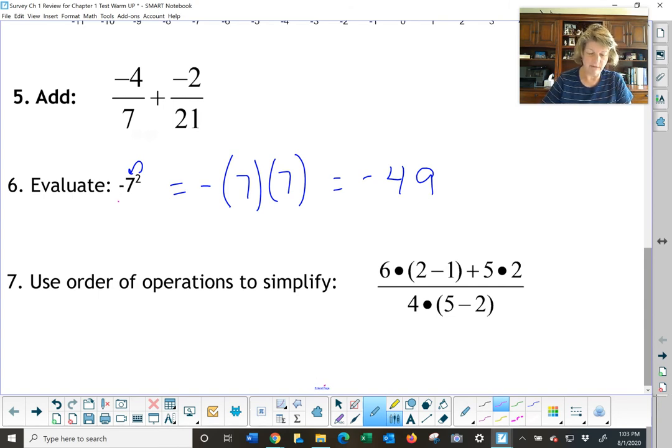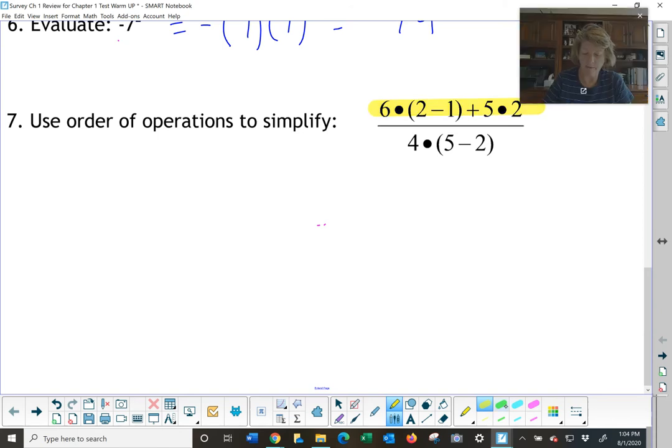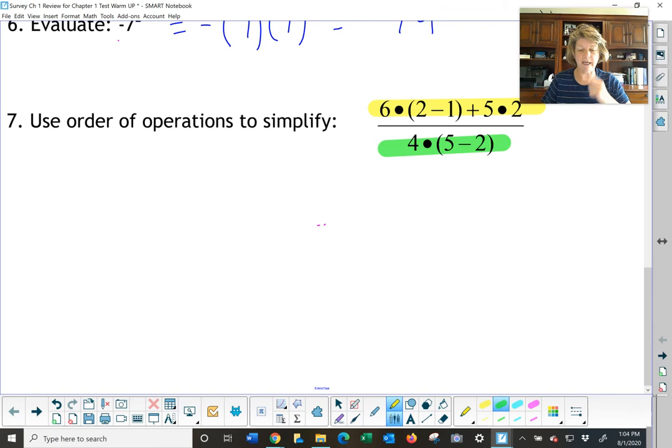And finally, 7, where we use order of operations. This is where we're doing our PEMDAS, and we want to be sure that we're using the Please Excuse My Dear Aunt Sally operations. I am scanning my problem and I notice it's a fraction first up. So that means I am individually going to do the top and individually process the bottom, and then I'll merge the two together.